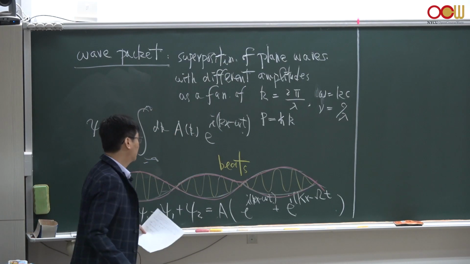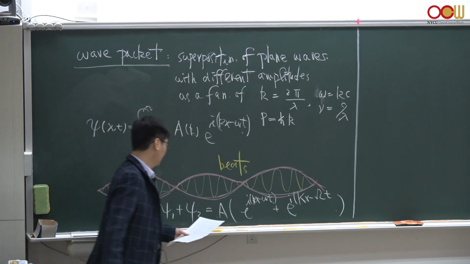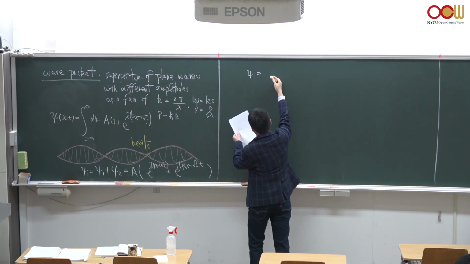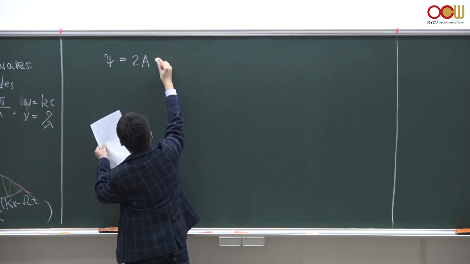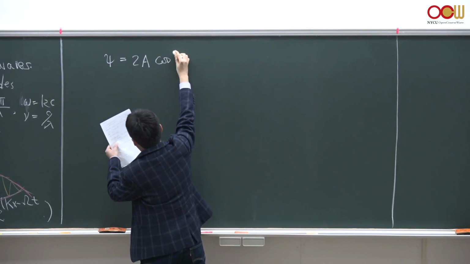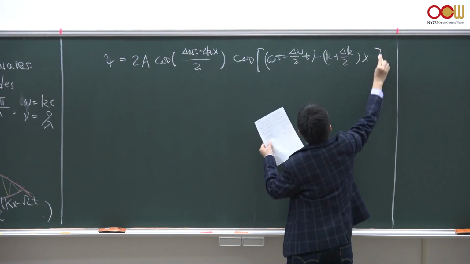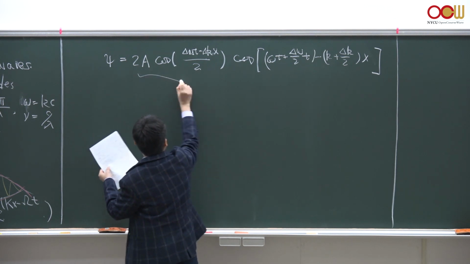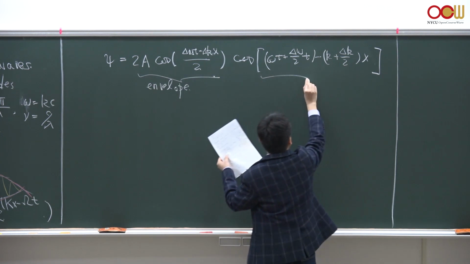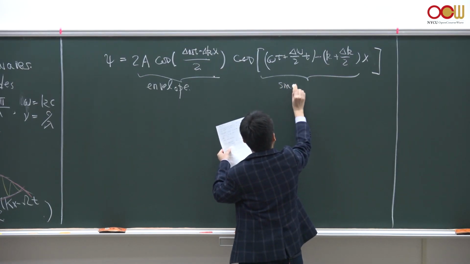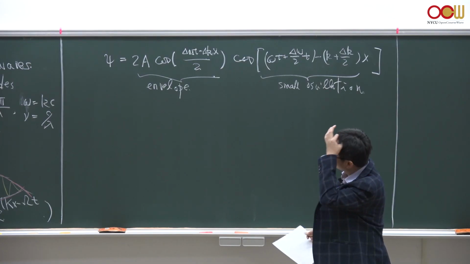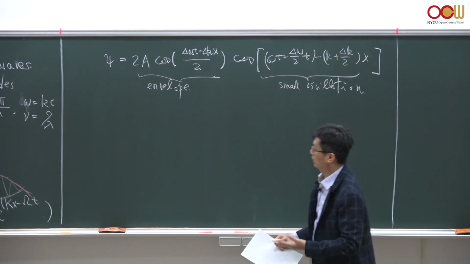You could use your mathematical knowledge to analyze this beat as an envelope, which is the overall oscillatory prefactor in front of these wiggles. The prefactor is the envelope, and the second factor is the small oscillations. This is the simplest example of a wave packet.